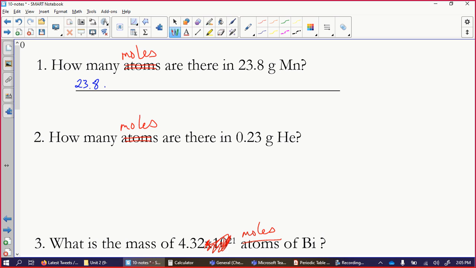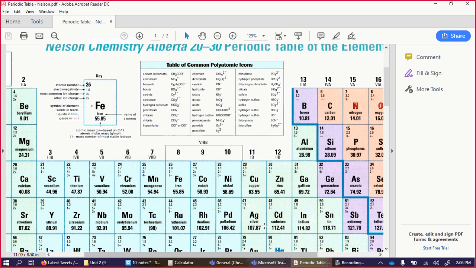23.8 grams of manganese. I don't want grams of manganese, so I'm going to put it on the bottom. It says moles now. Well, the molar mass on the periodic table, 1 mole weighs 54.94 grams.